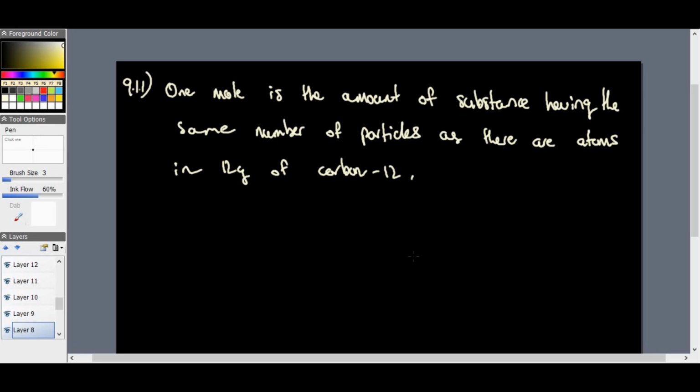If it has the same number of particles as there are atoms in 12 grams of carbon-12, then we've got ourselves 1 mole of a substance.